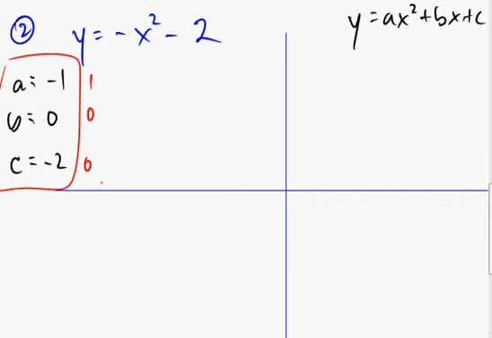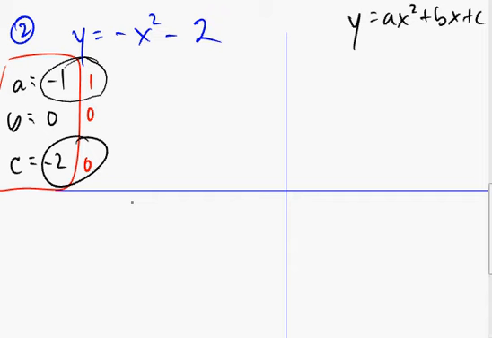So it looks like 2 letters changed, right, Amanda? Which 2 letters changed? C did and A did, right? So, Ella, if A and C changed, then that means B stayed the same. Okay. Now, what does B do to the graph?